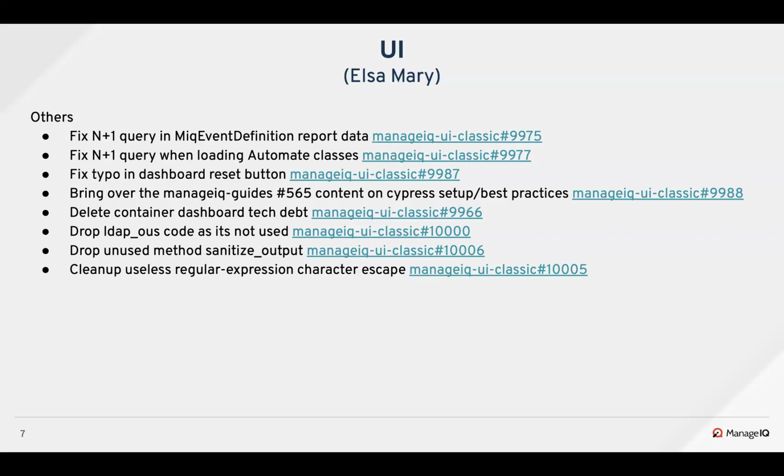Also, the next one is regarding container dashboard. It was already converted to React, but some of the Angular code was still there, so that is removed. And dropping LDAP as it is not used. Also, some other unused methods like sanitize output. Also, a PR to clean up useless regular expression character escape. Next slide.